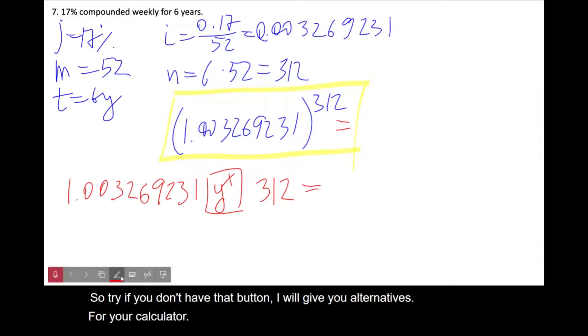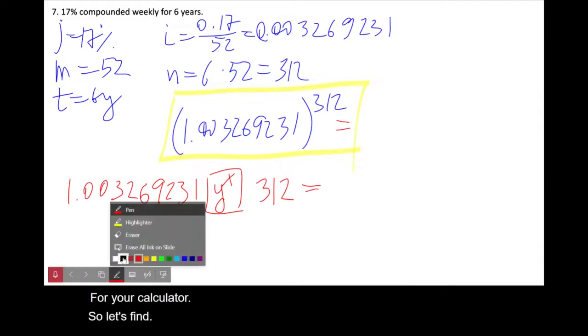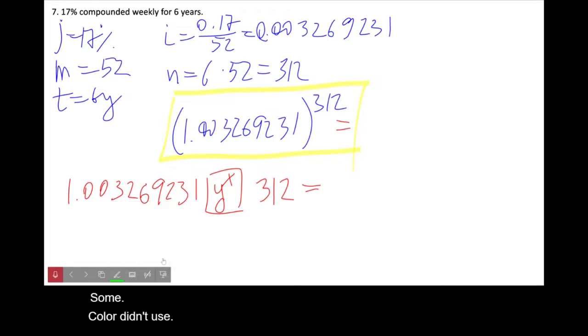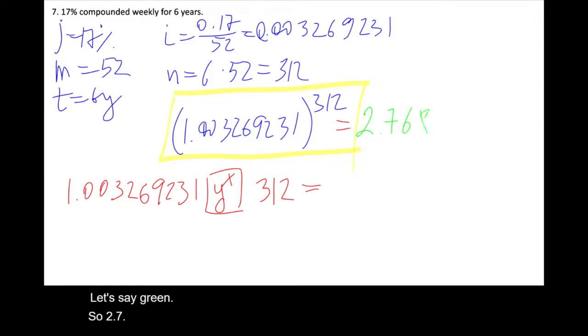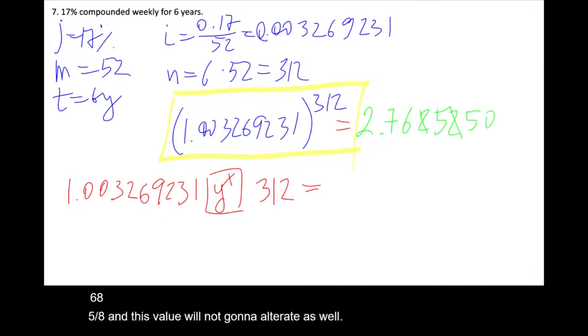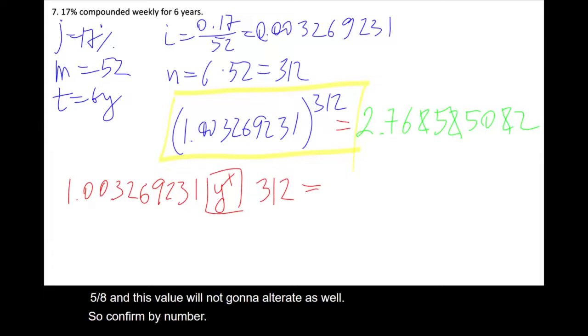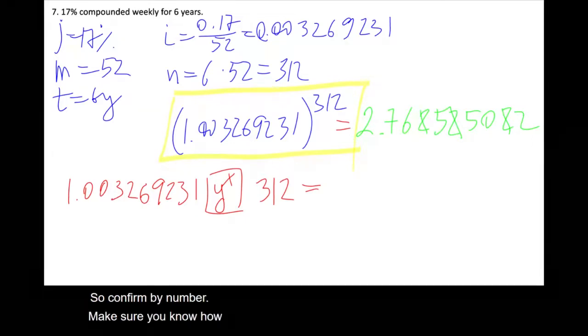Let's find some color we didn't use. Let's say green. So the result is 2.76858, and this value we're not going to alter either. Confirm my number and make sure you know how to calculate it.